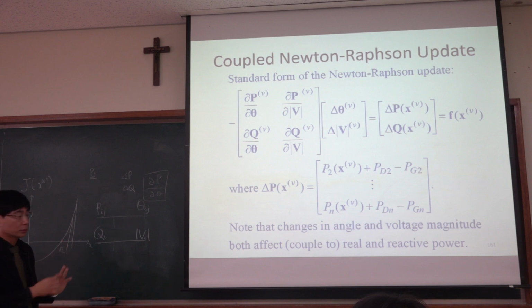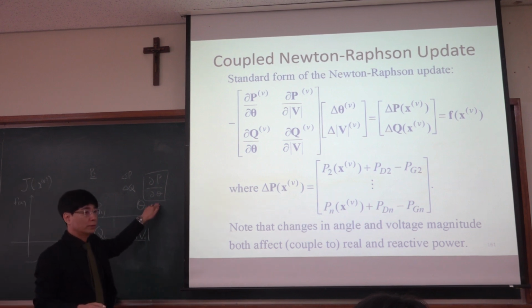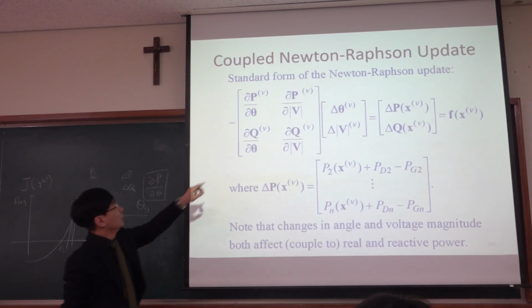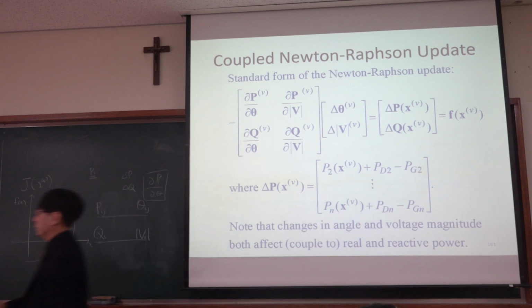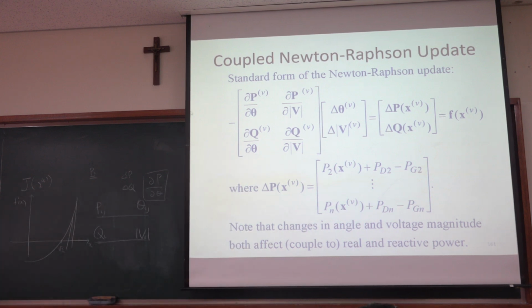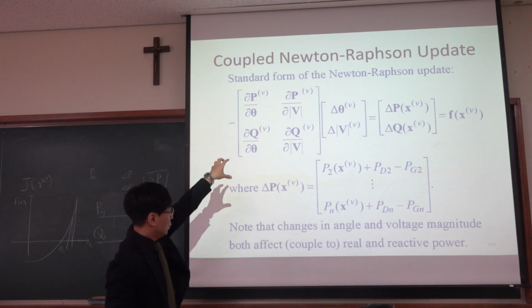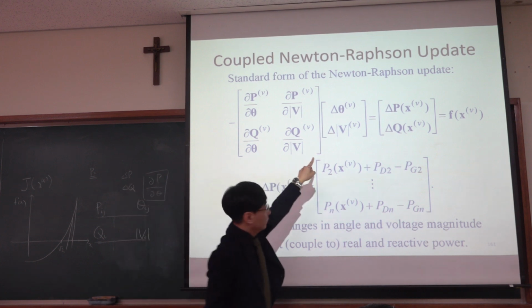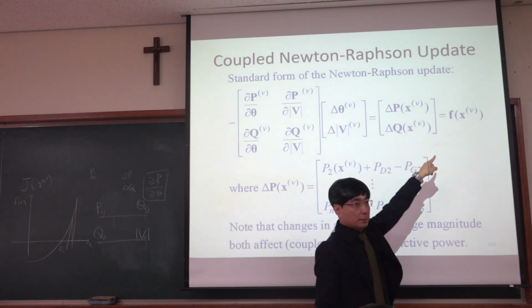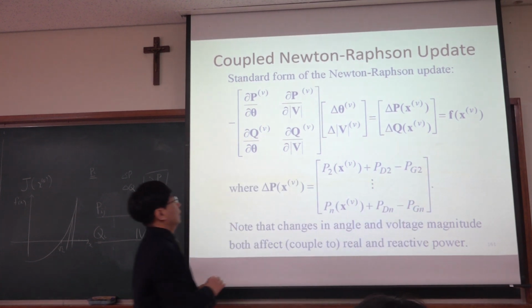This is just a notation, and some people use this kind of notation for the Jacobian. This is a matrix. So we have a Jacobian matrix, our optimization variable, and the function.